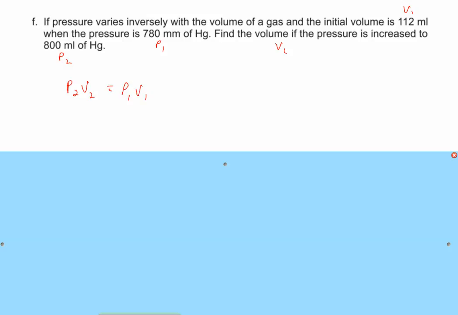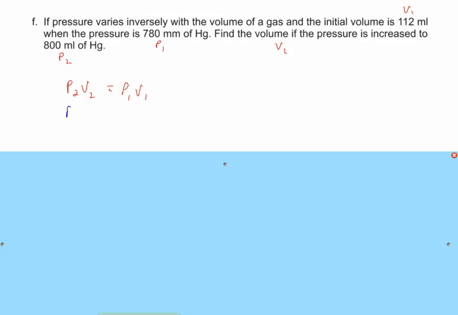I just swap sides. It doesn't matter. You can do it the other way. Keep it P1 V1 equals P2 V2. By the way, you guys know the combined gas law? P1 V1 over T1 equals P2 V2 over T2? No? All right. It's a story for another day.